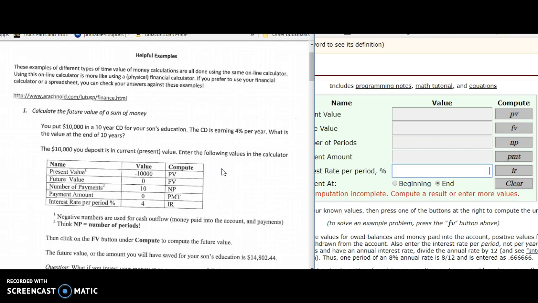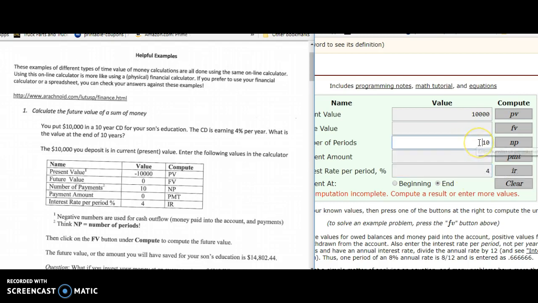So the present value, what you have right now, is the $10,000. So that would be your present value. And it's going to go into a CD for 10 years. So the length is 10, and it is earning an interest rate of 4% per year. One thing to keep in mind is these numbers have to be the same.